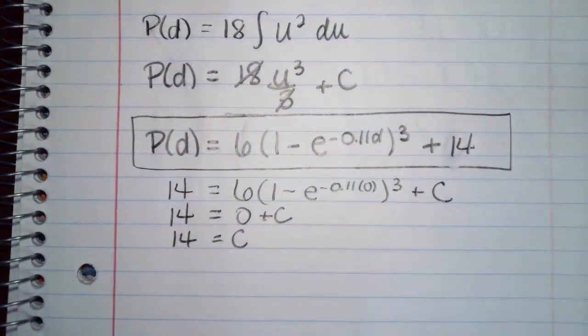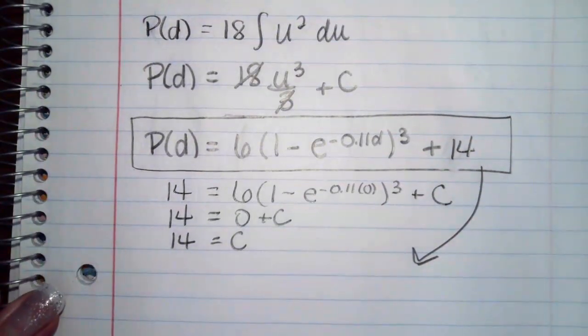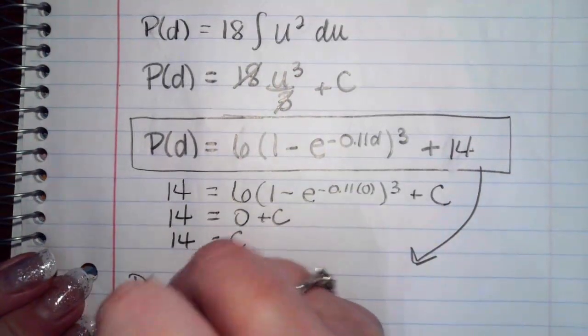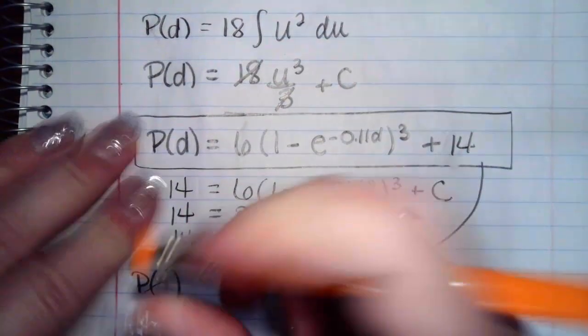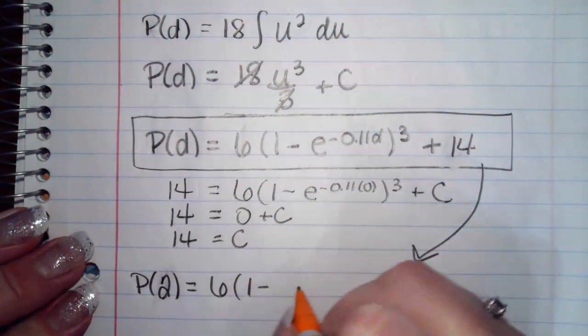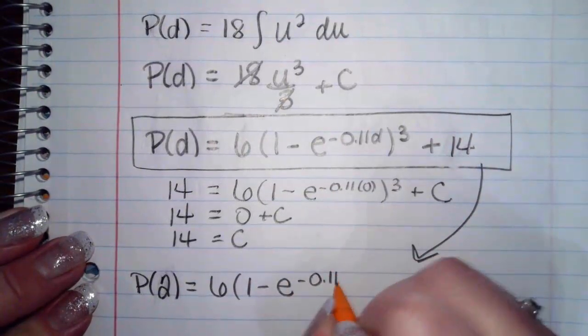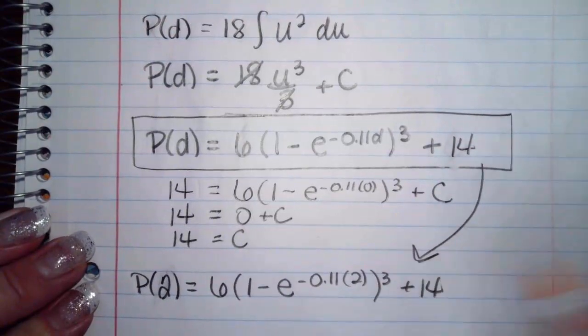Now, an employee with 2 days of experience can produce how many items per day? So we're going to take this function and we're going to plop in a 2 for 2 days worth of experience. So P of d becomes P of 2, which is 6 times 1 minus e to the negative 0.11 times 2 raised to the third plus 14.